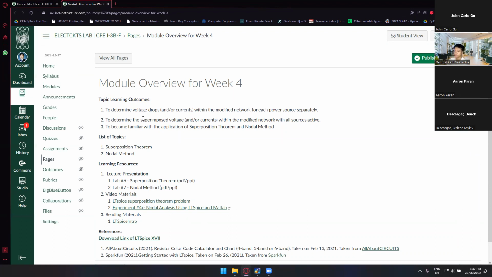You're going to determine the voltage drops and the currents within the modified network for each power source separately. Similar to superposition, we're going to determine the superimposed voltage and current effect within the network with all sources active. And lastly, become familiar with the application of the superposition theorem and the nodal method.